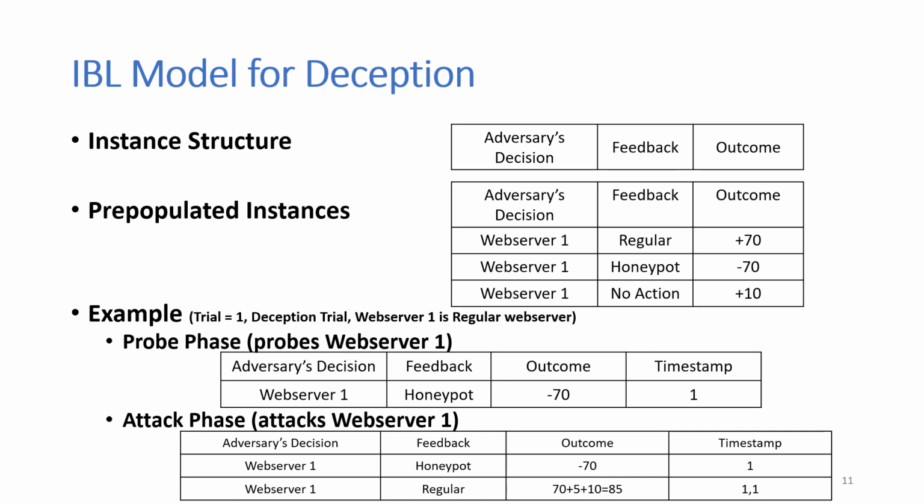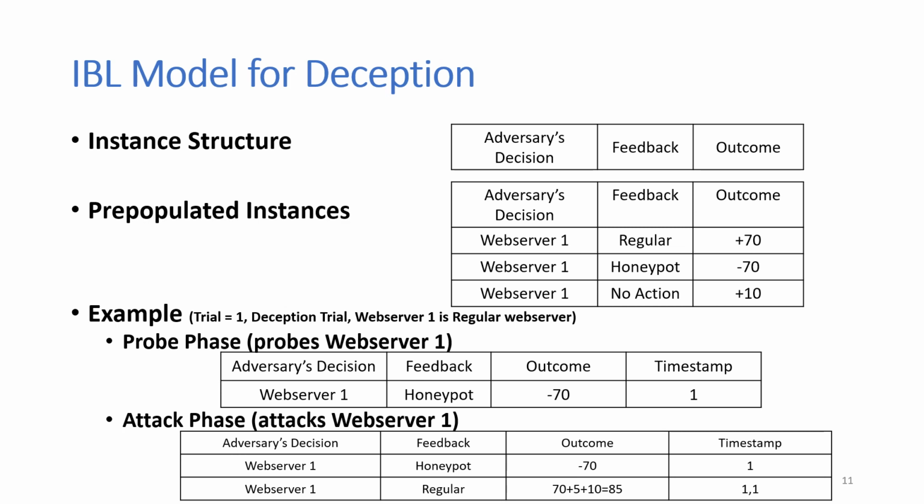In the IBL model, the instance structure for the deception is defined as the adversary's decision, feedback, and the outcome. We had some pre-populated instances in our IBL model, where the adversary's decision denotes the web server number, along with the feedback and the outcome associated with it.